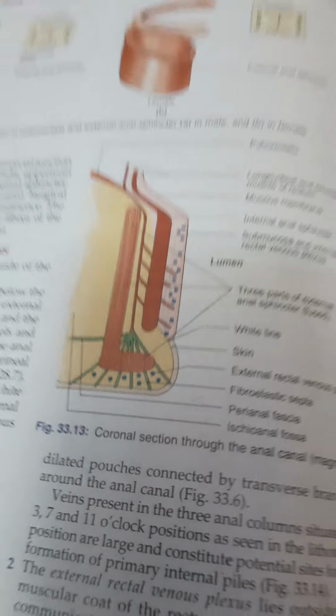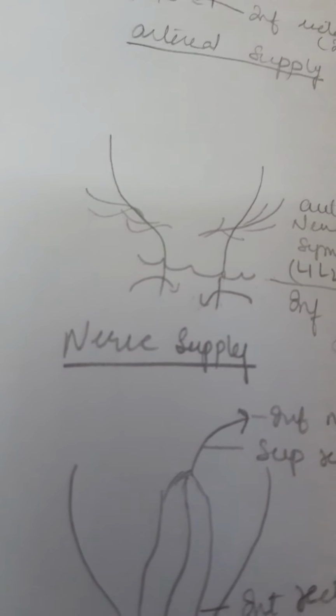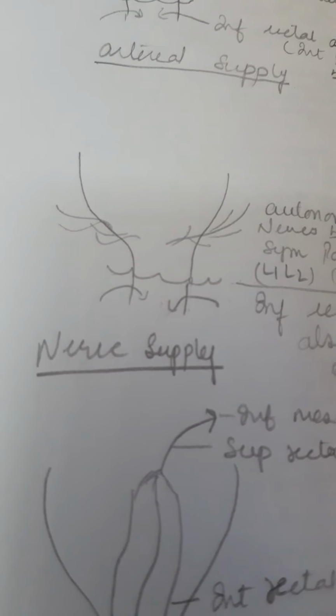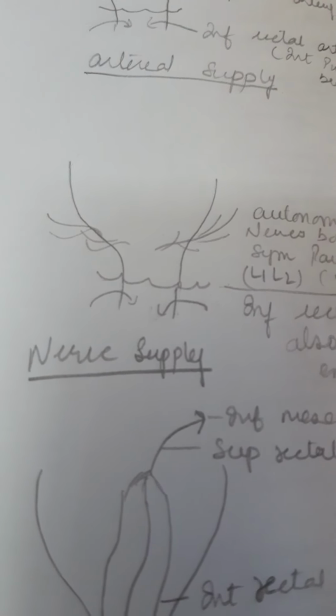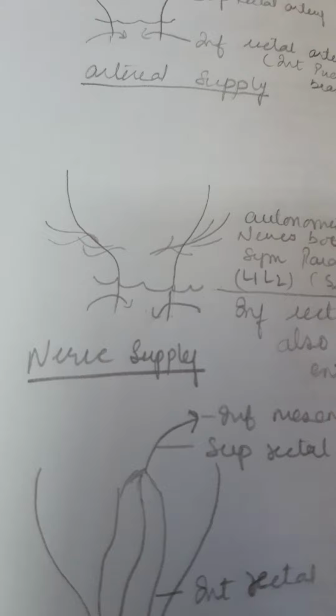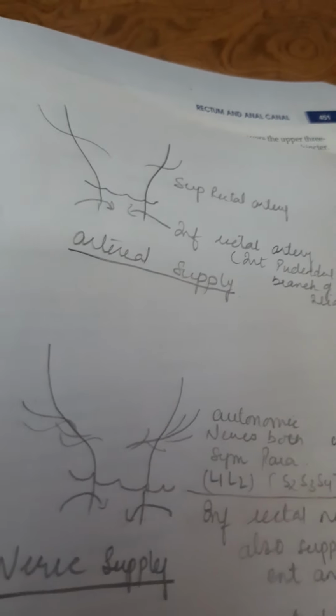Then comes the arterial supply. So we see the part of the anal canal above the pectinate line is supplied by the superior rectal artery. The part below the pectinate line is supplied by the inferior rectal arteries. So I told you the pectinate line is very important because it is the demarcation of certain supplies.